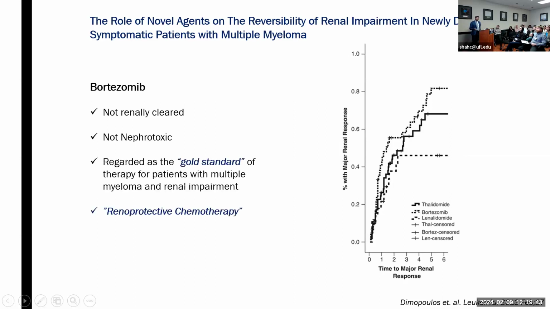They concluded that it should be considered a gold standard in patients who have myeloma and renal impairment, and it is also referred to as renal-protective chemotherapy. It has become standard of care in patients who have light chain cast nephropathy, myeloma-associated kidney impairment, and are diagnosed with multiple myeloma.